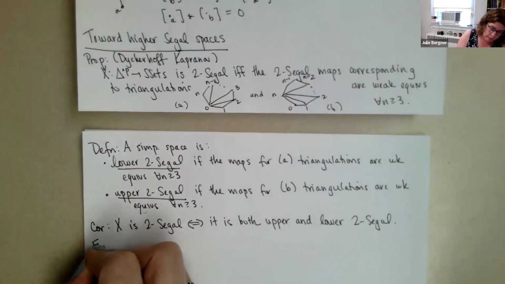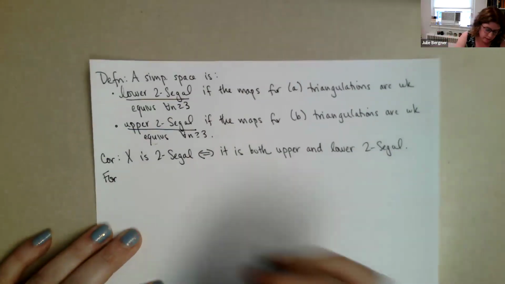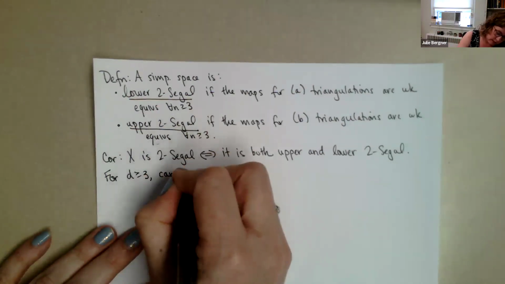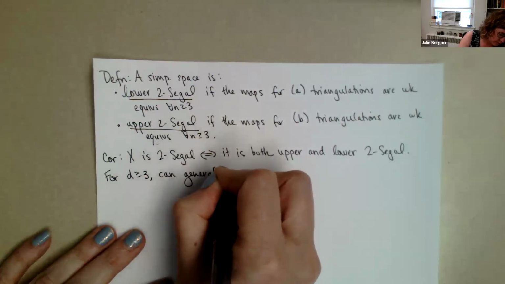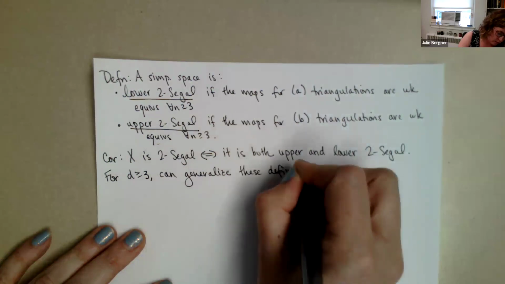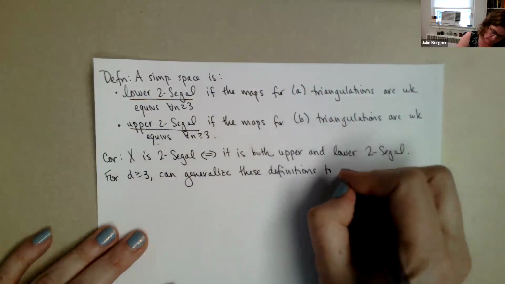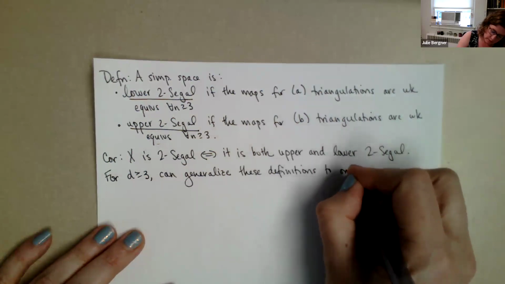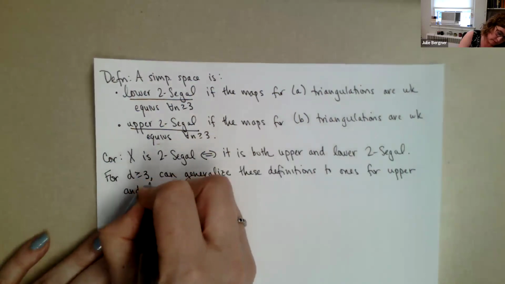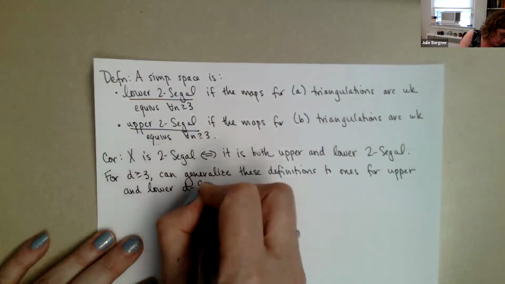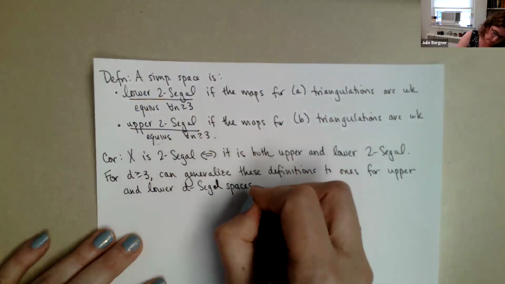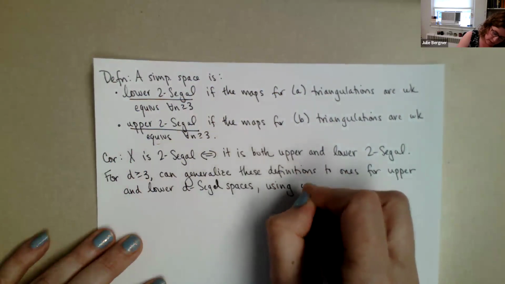And now if we take higher D, we can generalize these definitions to ones for upper and lower D-Segal spaces. And this uses something called cyclic polytopes.